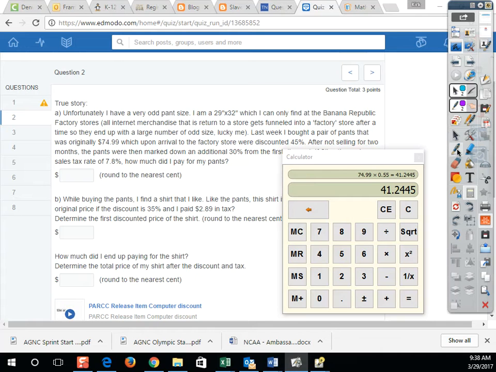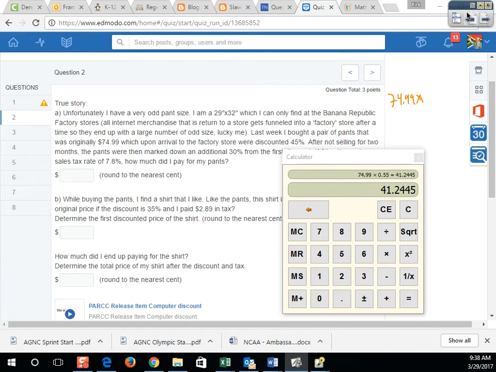And so I have, and I'll write it down, 74.99 times 0.55, and that will equal 41.2445. Now I'm going to keep the decimal places until the end, and then I'm going to round at the end.